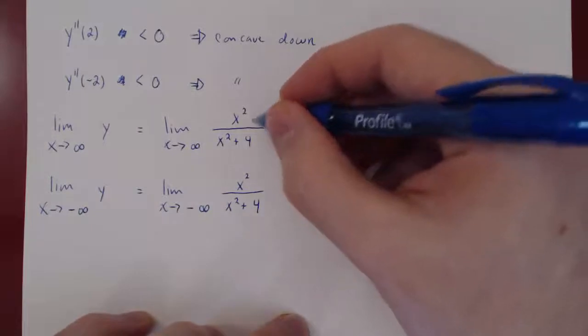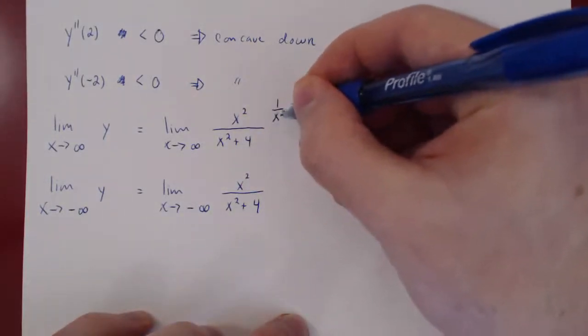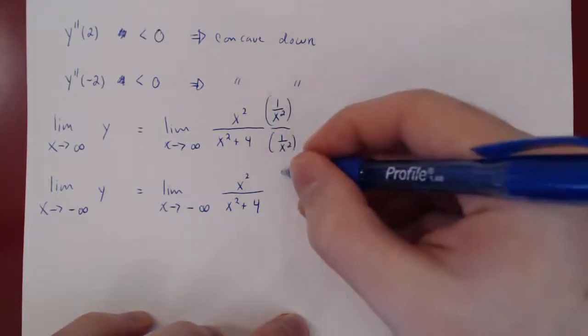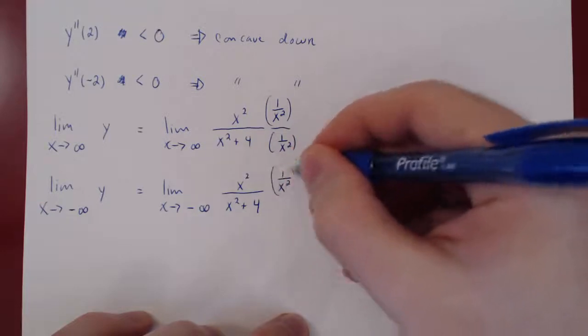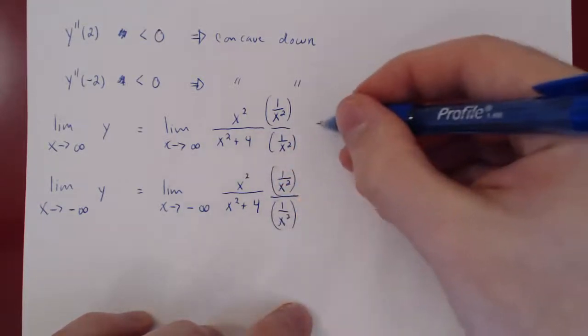So we know that we can find the limit in both cases by multiplying top and bottom by 1 over x squared. Let's multiply out.